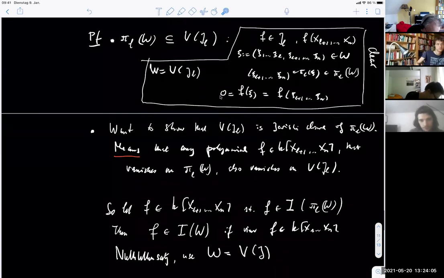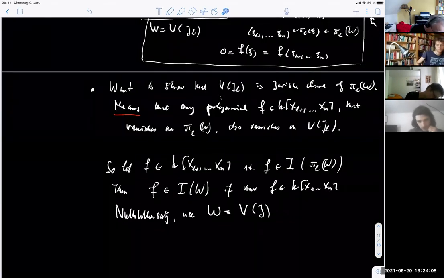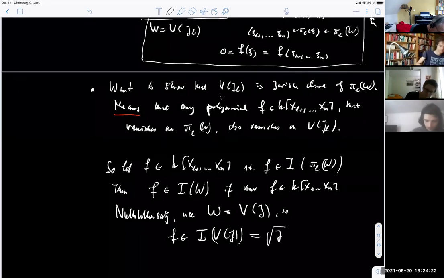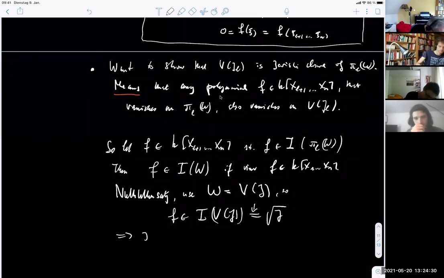So if I want to be detailed, F is in I of V of J, and this is by the Nullstellensatz. This is the radical. The Nullstellensatz gives this. So this means there is some natural number m so that F to the m is in J. So we know what is the radical of an ideal. This is the non-trivial ingredient in the argument.